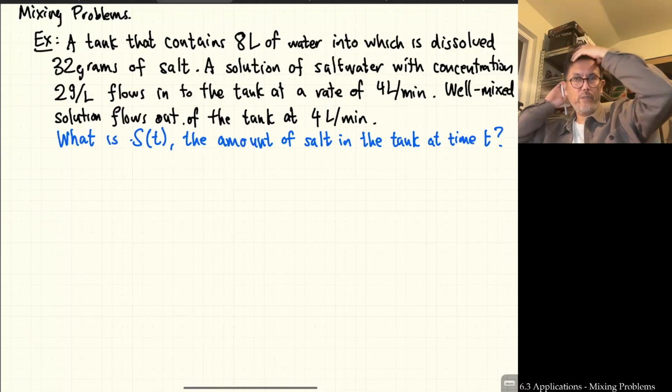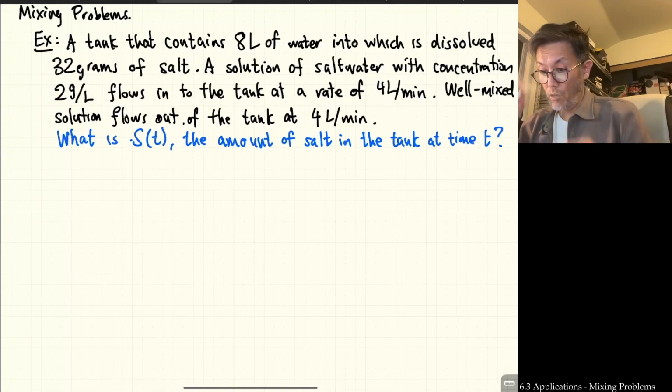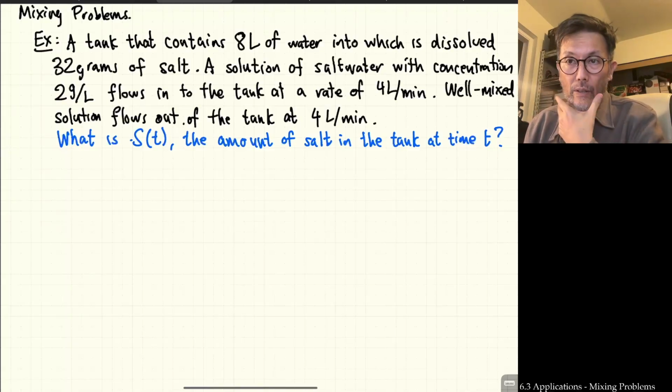Okay, that's the question before us. What is the amount of salt in the tank at time t? Well, we're going to try to set up an initial value problem to solve this particular problem.